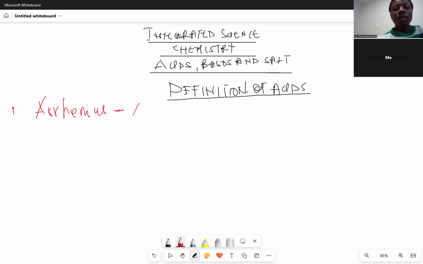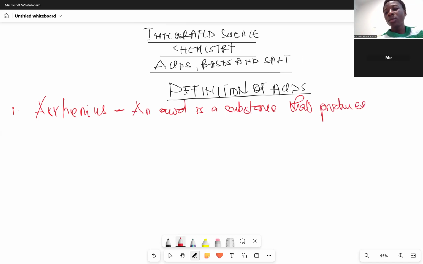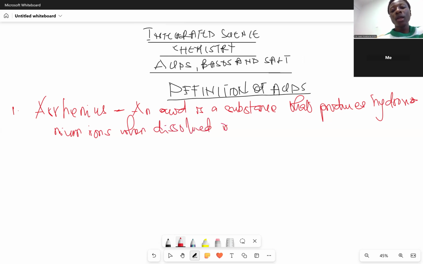He said that an acid is a substance that produces hydroxonium ions when dissolved in water.